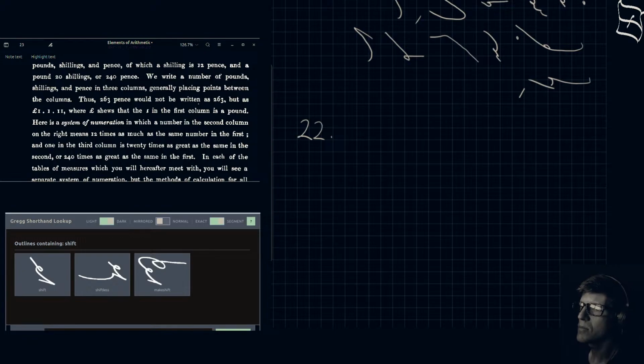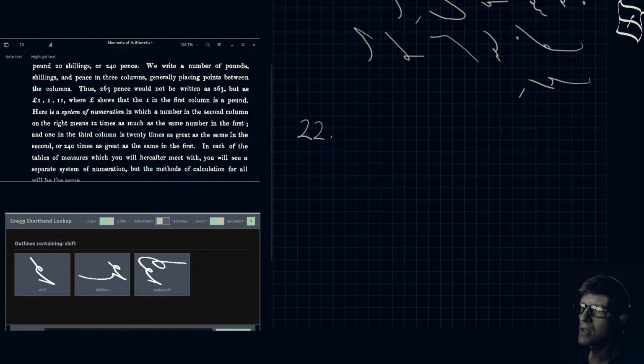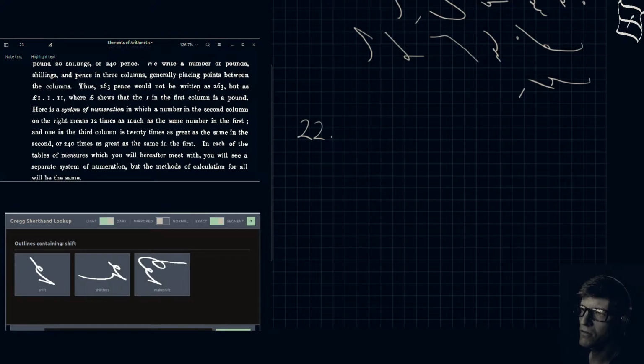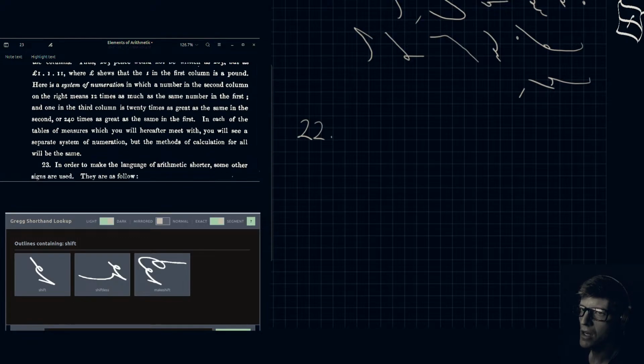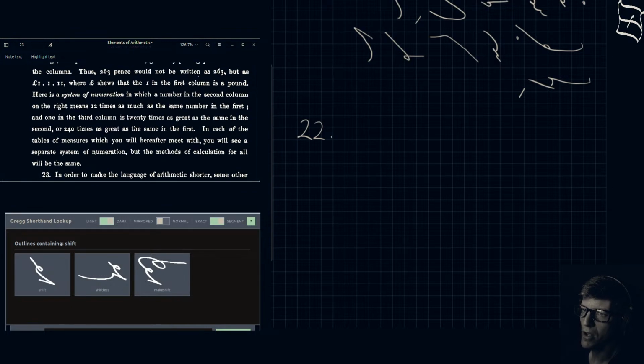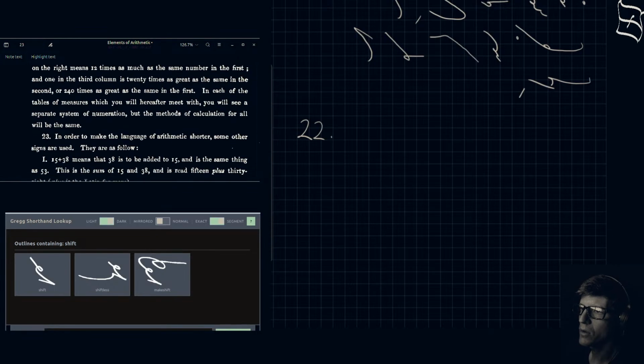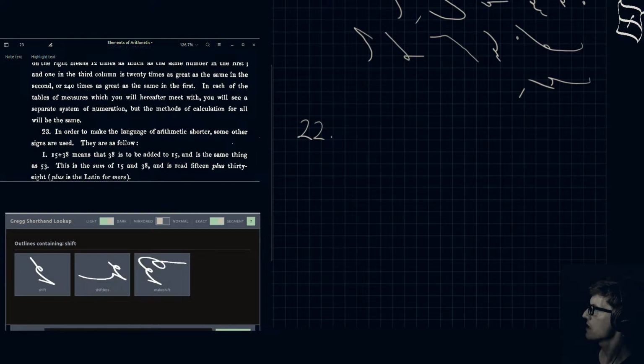Here is a system of numeration in which a number of the second column on the right means 12 times as much as the same number in the first, and 1 in the third column is 20 times as great as the same in the second, or 240 times as great as the same in the first. In each of the tables of measures which you will hereafter meet with, you will see a separate system of numeration, but the methods of calculation for all will be the same.